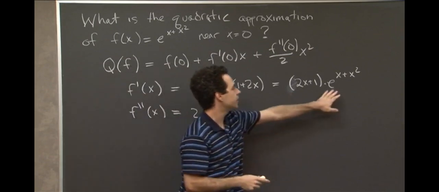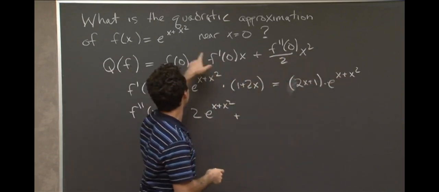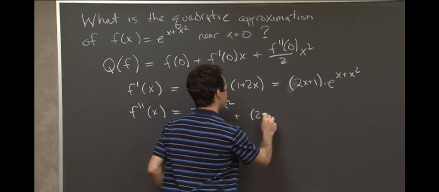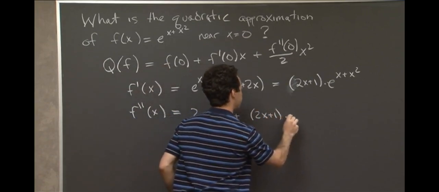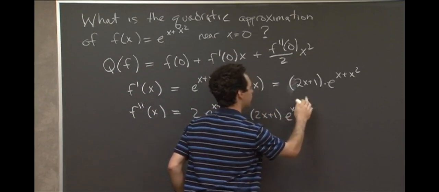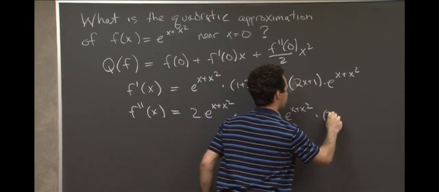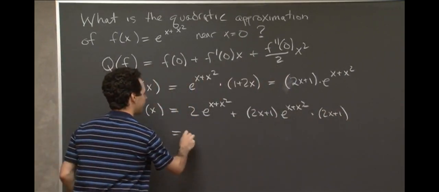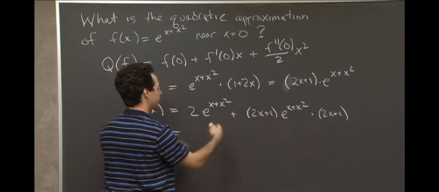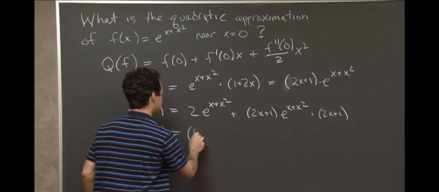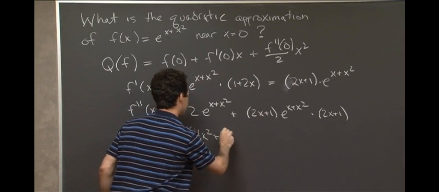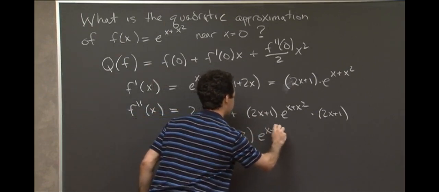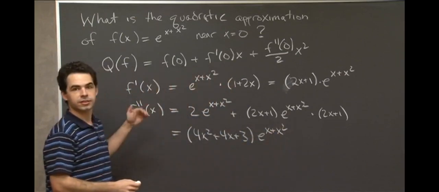The second one is e to the x plus x squared, which is actually f of x, so we already computed its derivative: 2x plus 1 times e to the x plus x squared, times the first, so times another 2x plus 1. If I multiply these together and combine all my terms, this is 4x squared plus 4x plus 3 times e to the x plus x squared. So these are the first and second derivatives.